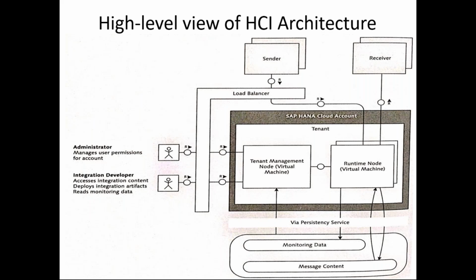So the runtime node is basically to simply execute the task. Whereas the TMN manages the start or stop, interacts with the load balancer, and manages the requests, whether we need to accept them or process them immediately or not. It's like a management node, and the next one is the runtime node. So these two nodes are available in the tenant. Do you want to see the two nodes? I will show you here.